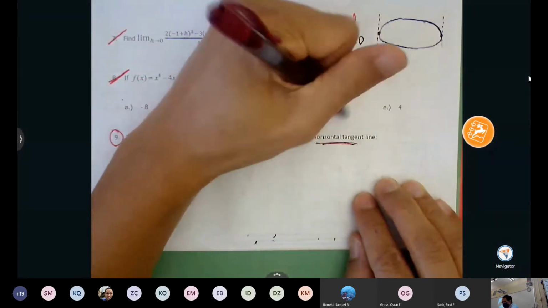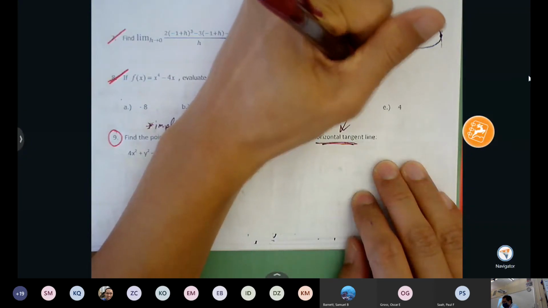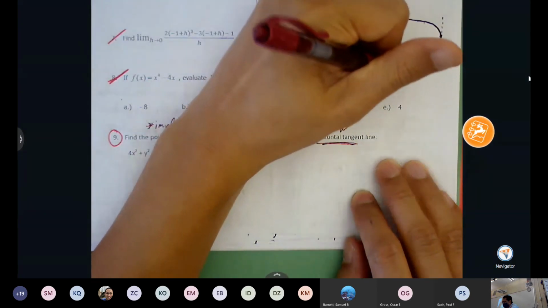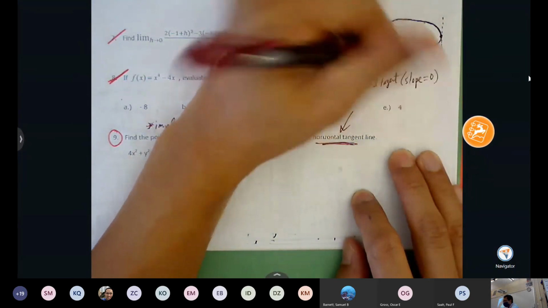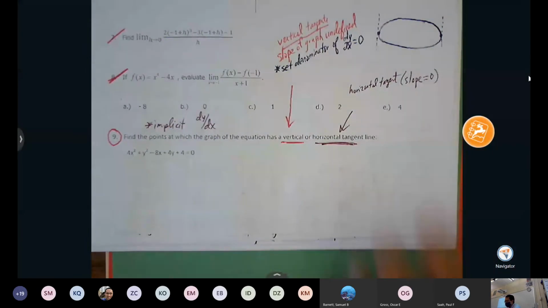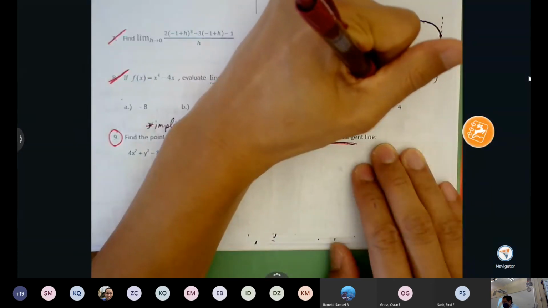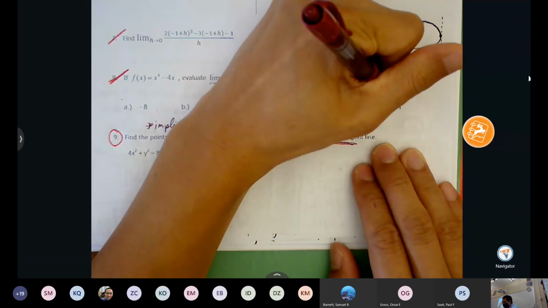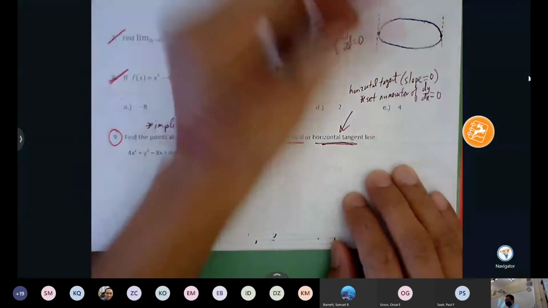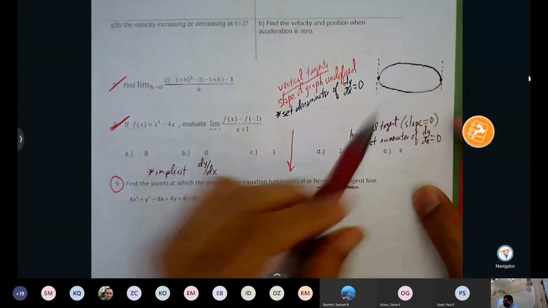Okay, horizontal tangents, these are places where slope is 0. And the way we find places where there's a slope 0 is we set the numerator of dy dx equal to 0. So if you look on this ellipse here, we're expecting 2 points, right?